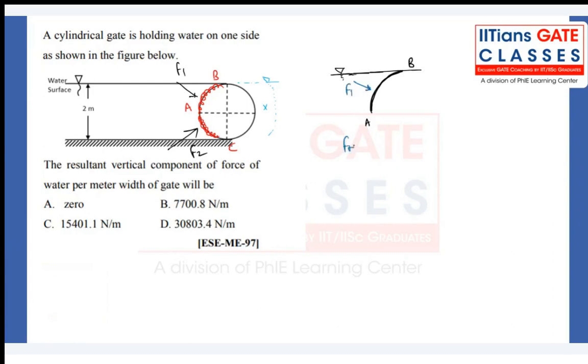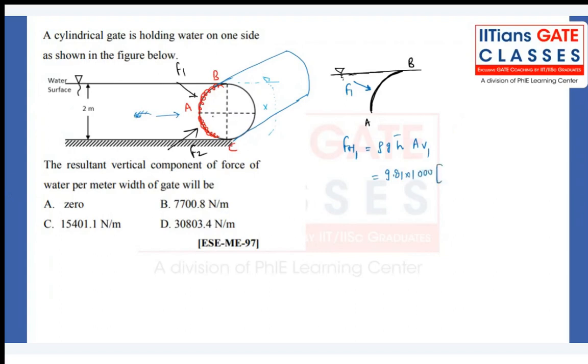What about my horizontal force? Rho g h bar, times the area projected in the vertical plane. This is nothing but a cylinder, everyone knows. When you look from here, what you will see is the projected area. So 9.81 into 1000 into h bar.